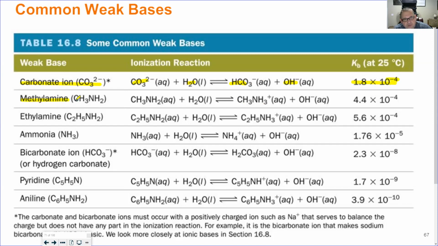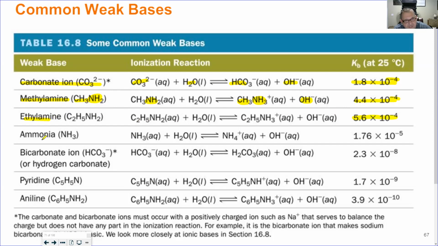Methylamine is one you'll learn more about in organic chemistry, but primary amine functions can pick up a proton to form the protonated ammonium form of it, and it produces an OH minus as well. Its Kb is about 10 to the minus 4. Ethylamine is very, very similar, and it's near 10 to the minus 4.